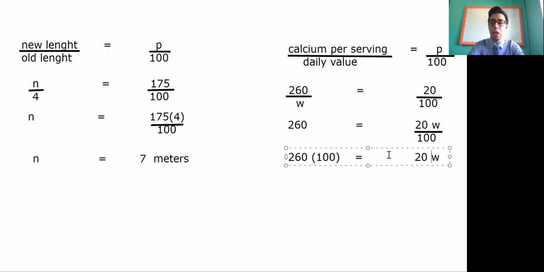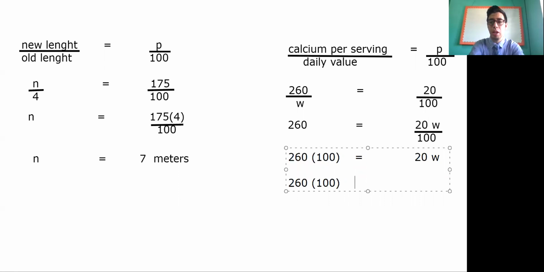Okay, but 20 is multiplying my variable. I don't want any number affecting my variable. No multiplying, no dividing, okay? So the number 20, I'm going to pass it to the other side to divide. Can you see it? I'm only trying to keep my variable alone. So in the next line, I'm going to write 260 multiplied by 100.